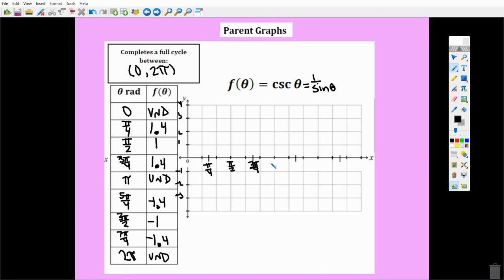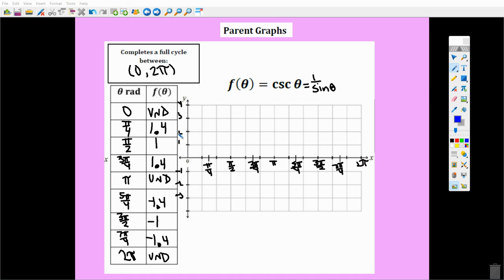Then we have pi. Then we have 5 pi over 4. Then we have 3 pi over 2. Then we have 7 pi over 4. And then we have 2 pi. And I'm going to go ahead and graph.